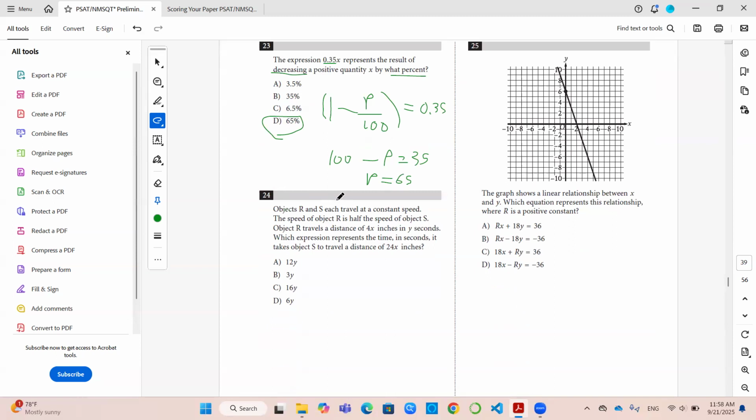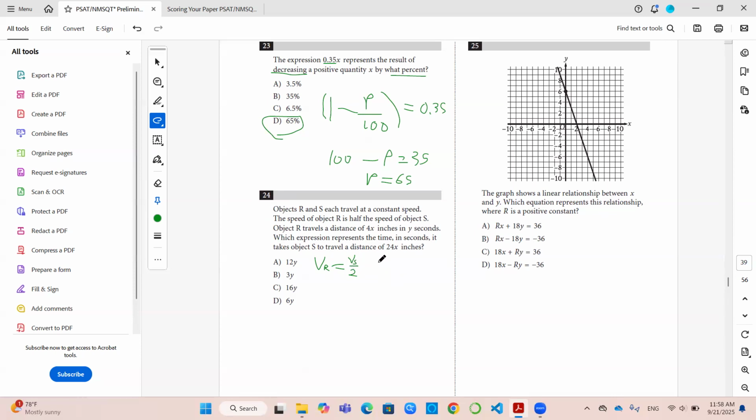Objects R and S each travel at a constant speed. The speed of object R is half the speed of object S. Object R travels a distance of 4x inches in y seconds. Which expression represents the time in seconds it takes object S to travel a distance of 24x inches? Okay, so we have a relationship here. VR is equal to VS over 2.